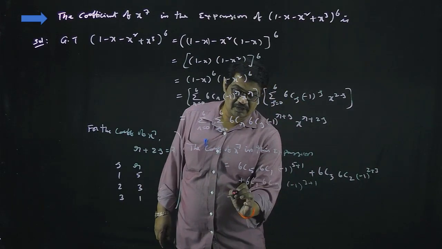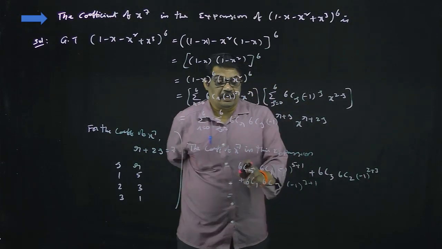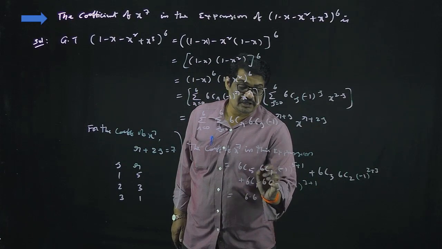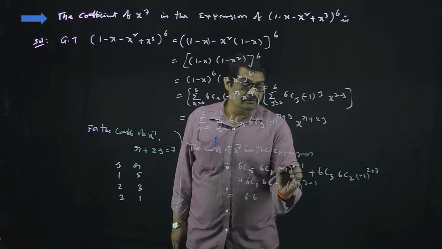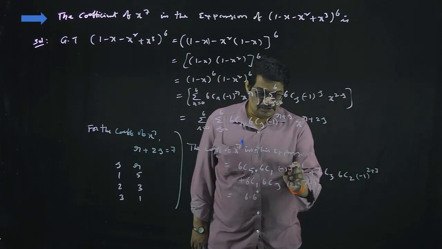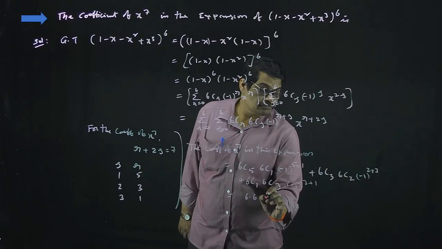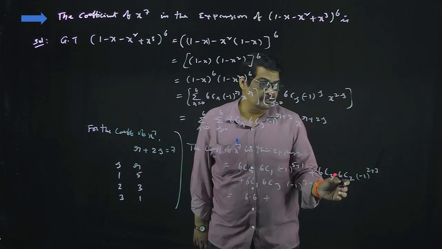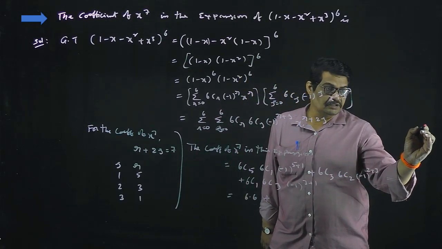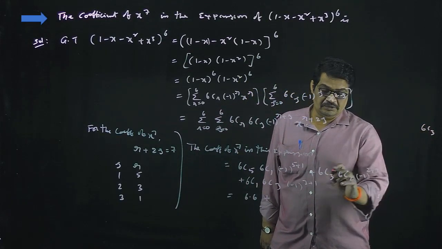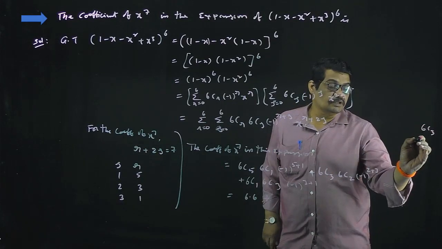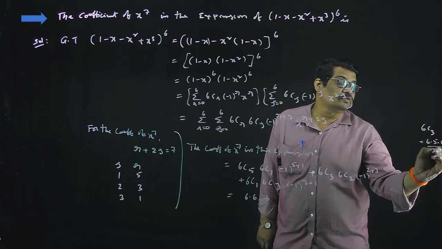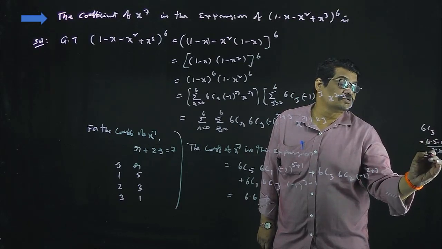Now we are simplifying this. Here 6C5 is nothing but 6C1, so this is 6 into 6C1, that is 6. Here (-1) power 6, so we are getting positive. Next, 6C3 is 6 into 5 into 4 by 3 into 2, that is 20.